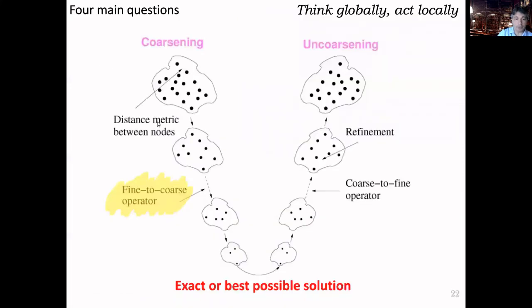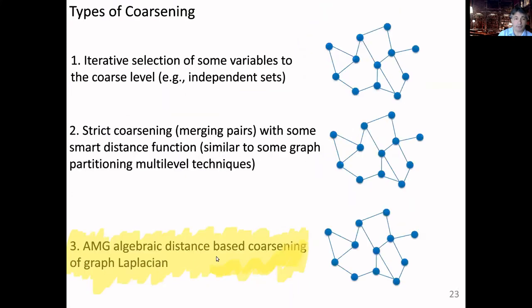So now when we know the distance metric between nodes, we need to define the coarse compression operators. And there are several types of this operator.